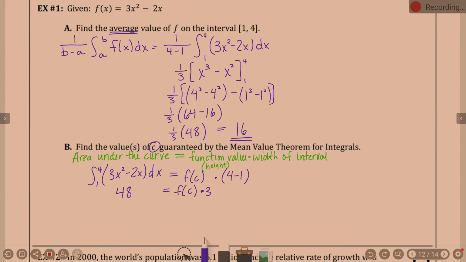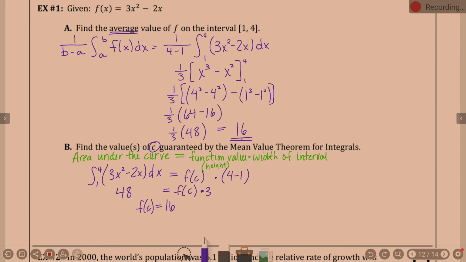So do your smart math, and what do we know about f of c? Okay, f of c is 16. Now, we need to find c, right? What's the shortcut here? f of c is equal to the average value, yes?